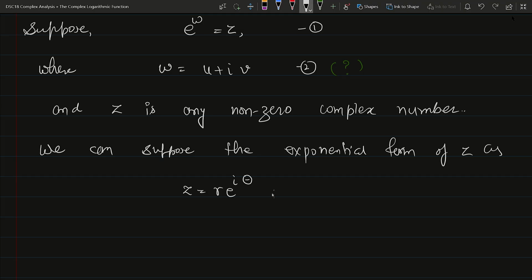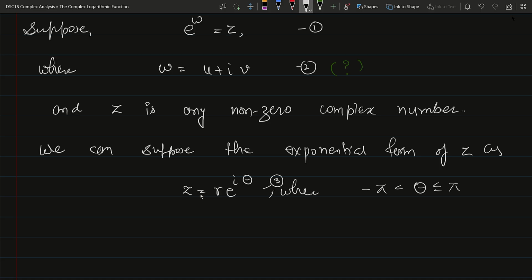Okay, where this theta is running from minus pi exclusive to pi inclusive. Okay, so let us call this equation number 3. Now the moment we are taking this theta from minus pi to pi, this capital theta is the principal argument for this non-zero complex number z.